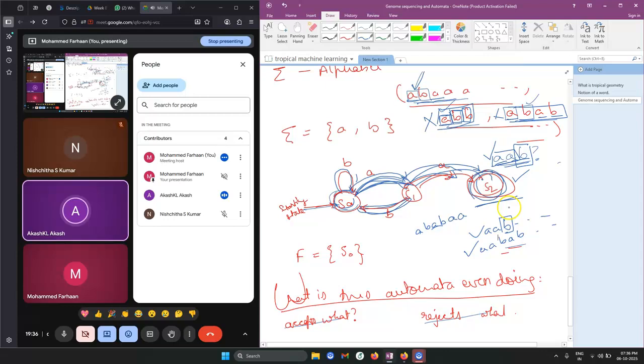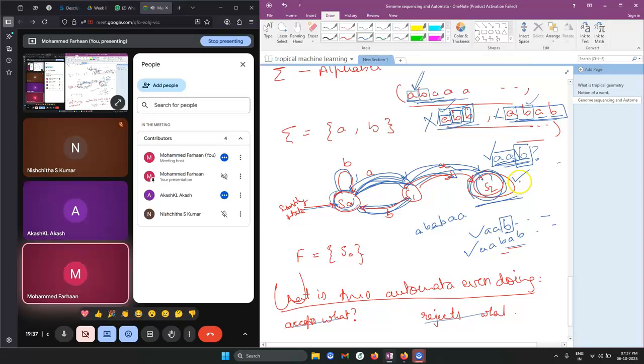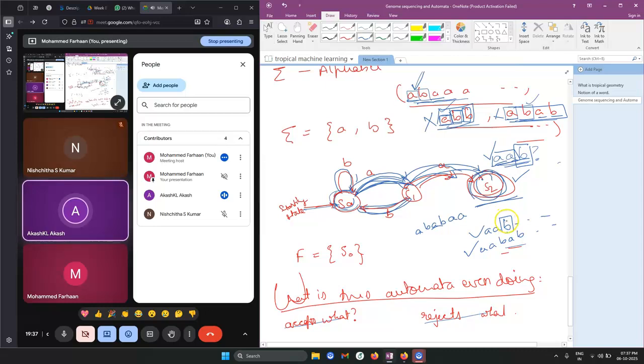Hello? Yeah, go ahead. Yeah. Here the automaton you showed, S0 is starting with A or B, with any middle transition like that combination, but ending with only A. Like this shown example?